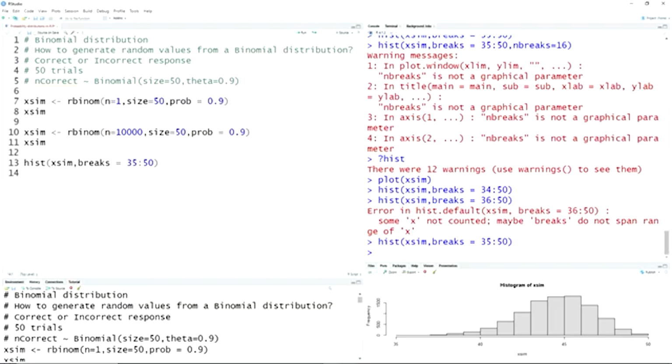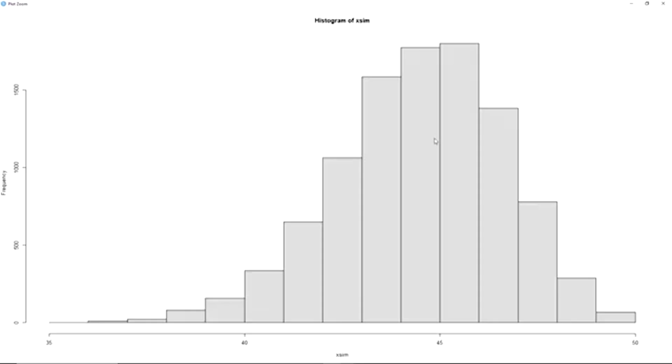But the point to be noted is this: if I simulate such 10,000 experiments, this is the number of experiments here. Around 2000 experiments are in this range, so you would get either 44, 45 or 46 correct responses. In around 1500 experiments, you get a number like 43 or 47, and this keeps on decreasing.